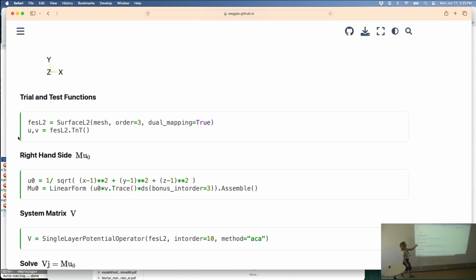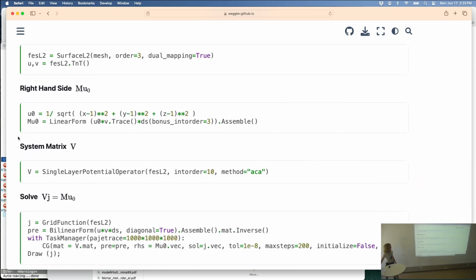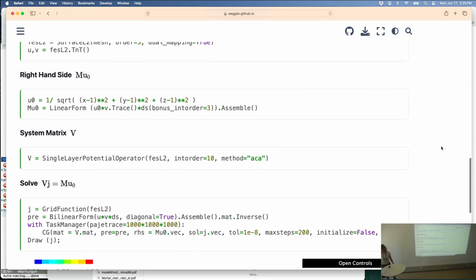Here you initiate the trial and test functions, surface L2, and the right-hand side as a linear form, as you know it. You are the experts for NGSolve. Here is the new operator, the single layer operator with trial and test function surface L2. Here I initiated the integration order, and here you say you want ACA approximation.